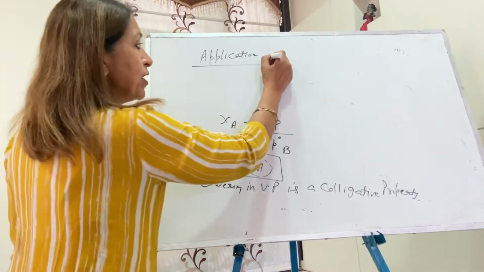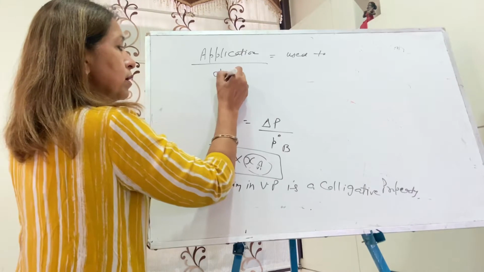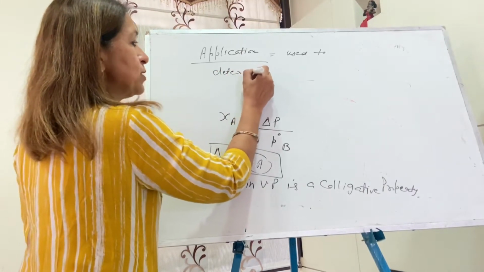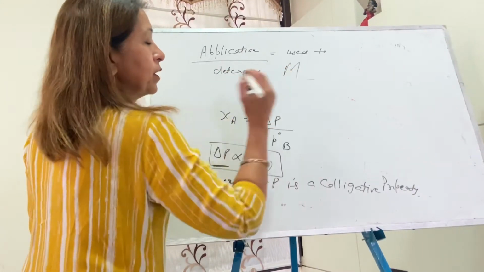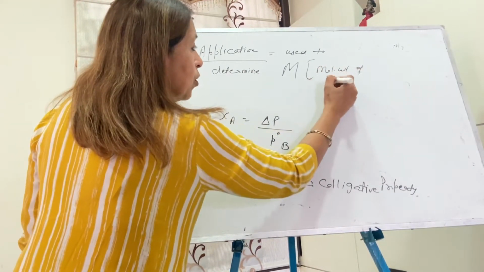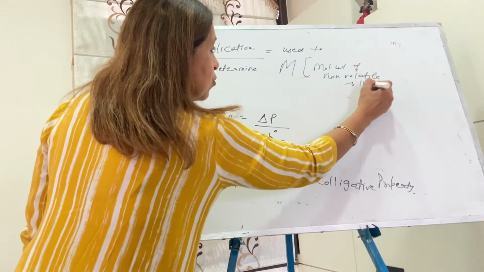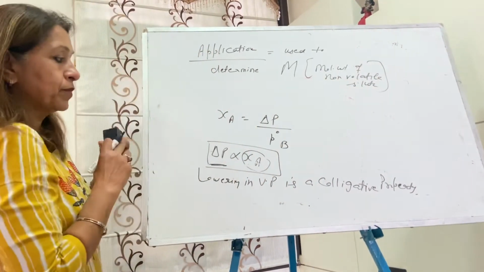And remember, every colligative property is used to determine capital M, the molecular weight of non-volatile solute. So let us calculate how it is useful now.